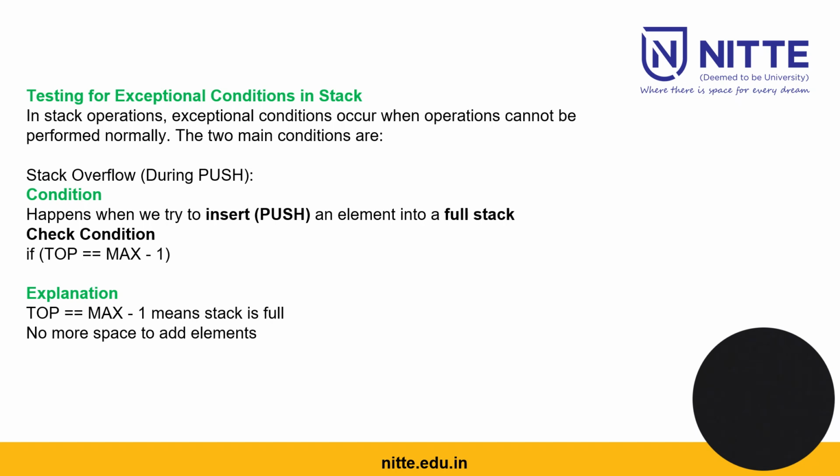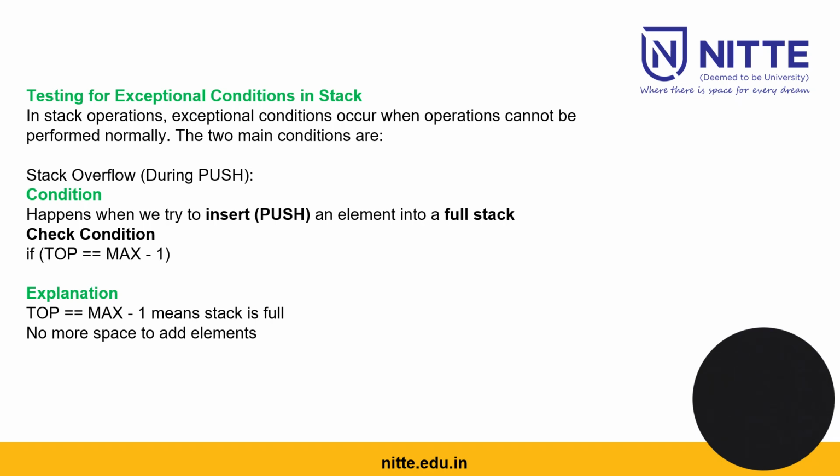As I discussed in the previous sessions, we write max minus 1 because this stack is implemented using an array, and array indexes always start with 0. So if my stack size is 5 and I start with 0, the last index should be 4. That is why it is the maximum value, 5, minus 1. So 5 minus 1 is 4.